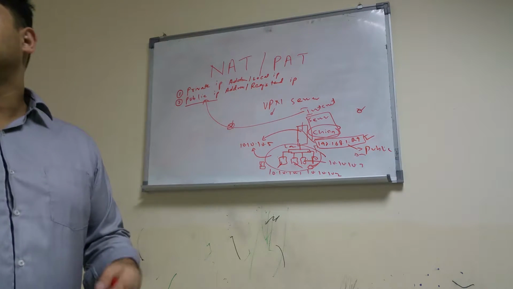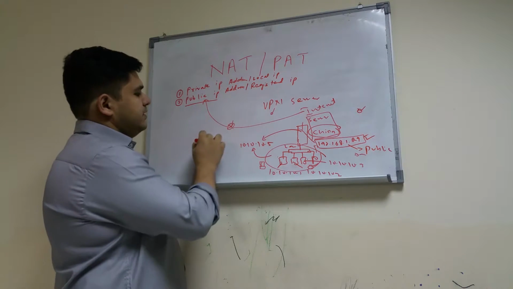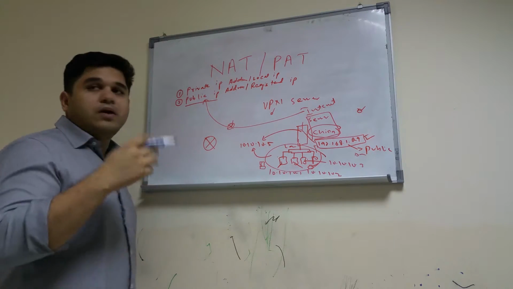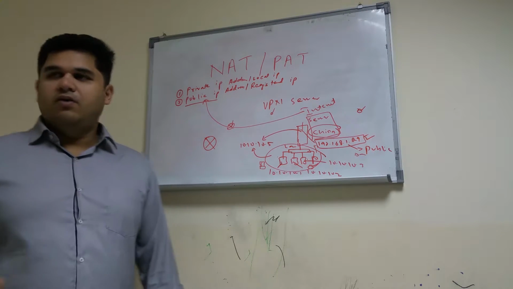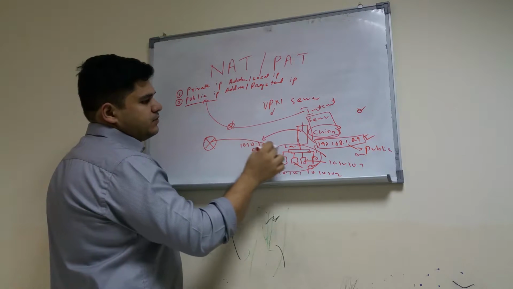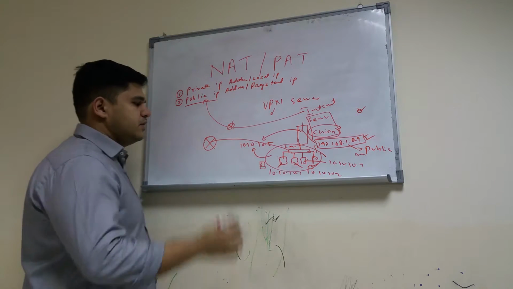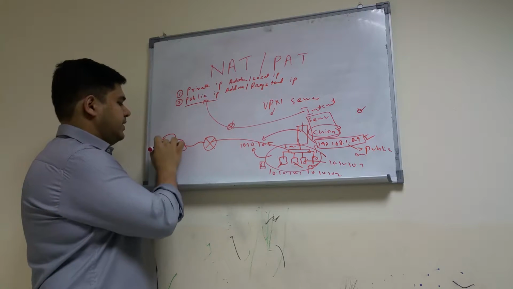You need a translator, and that translator is the router. The router will translate this for you. You will attach one router to this switch, and this router is connected with the internet.